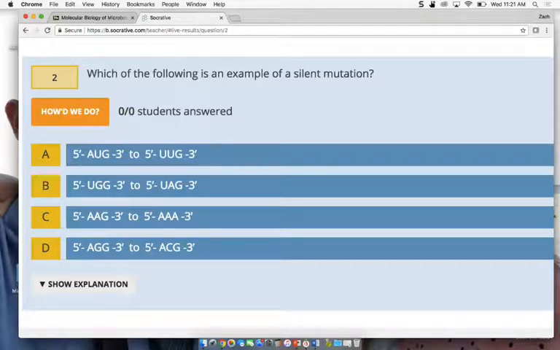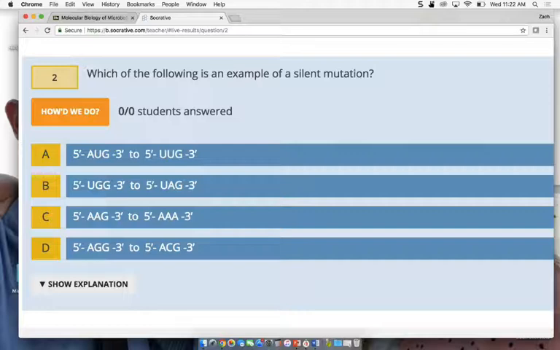So the first one there, we're going from an AUG to a UUG. AUG encodes for methionine. What does UUG encode for? Leucine. So this would be an example of what type of mutation? Yeah, this is a missense. A missense mutation is one in which the amino acid before and after are different from one another. Okay.